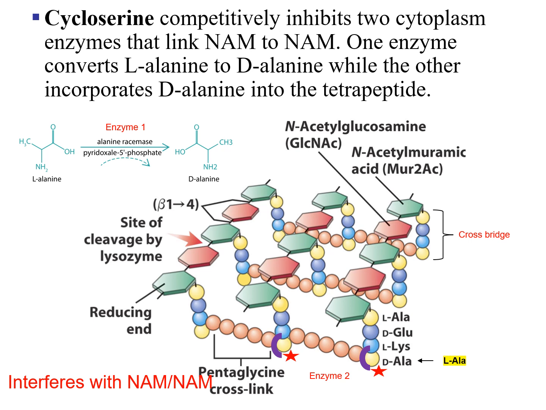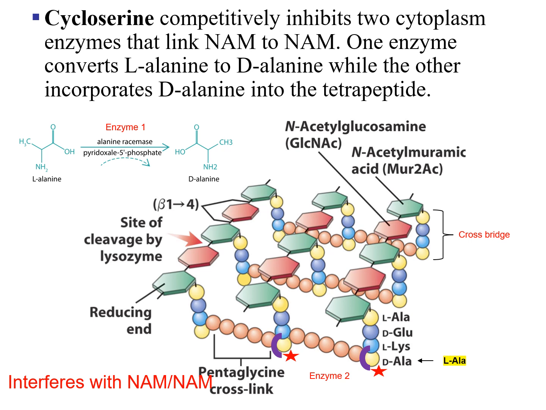The next category is cycloserine. Cycloserine competitively inhibits two cytoplasmic enzymes that link NAM to NAM. One enzyme converts L-alanine to D-alanine, while the other incorporates D-alanine into the tetrapeptide. So again, let's look at that tetrapeptide, look at that D-alanine that I'm pointing to in the picture.